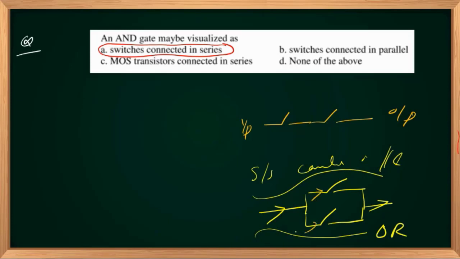Right. If both are open, there is no path between input and output. Both open means 0 0 condition, output will be 0. That is for an OR gate. So parallel switches or series switches for your AND gate. Okay.